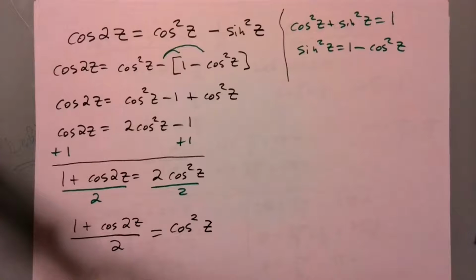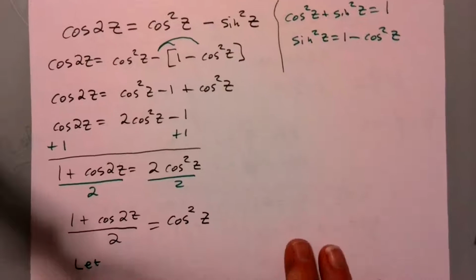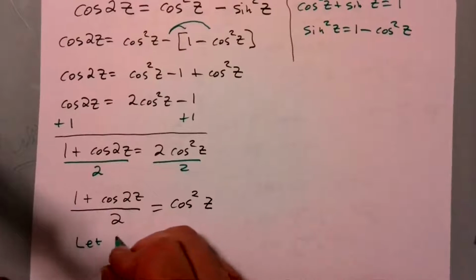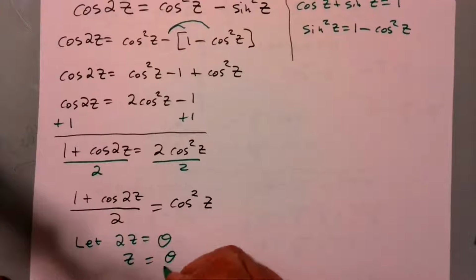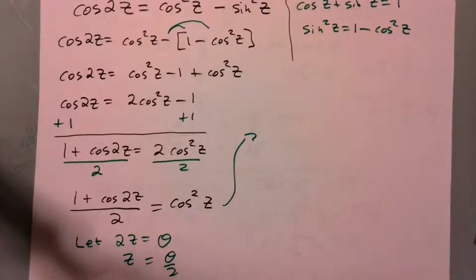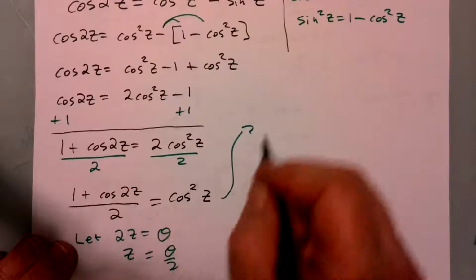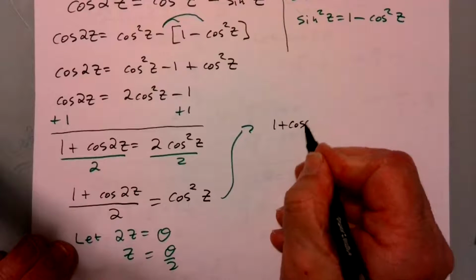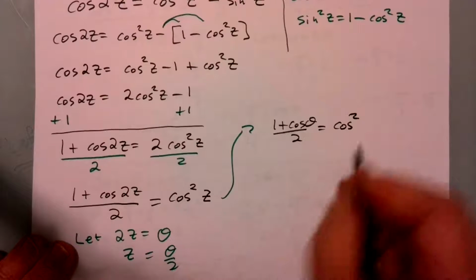Now I'm going to do a change of variable. Let 2z equal theta. That means z is theta divided by 2. So the left-hand side becomes 1 plus cosine theta over 2 equals cos squared z. What is z?